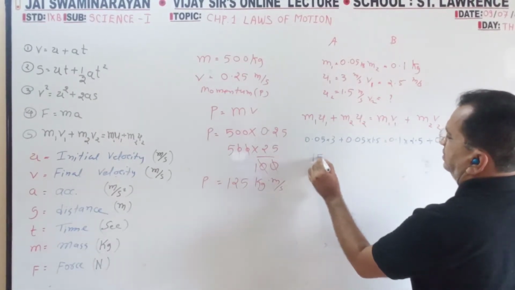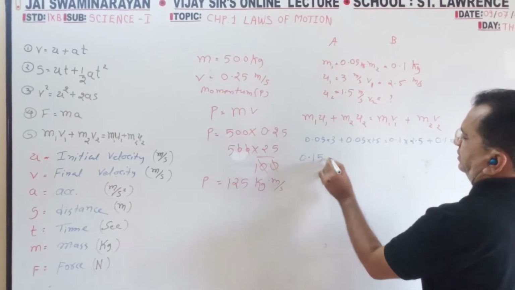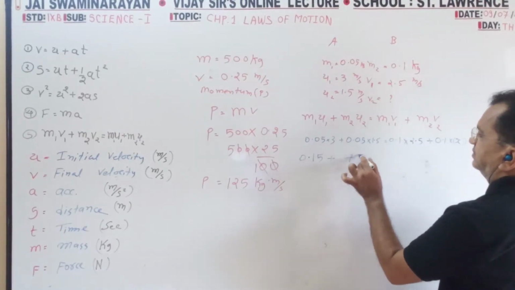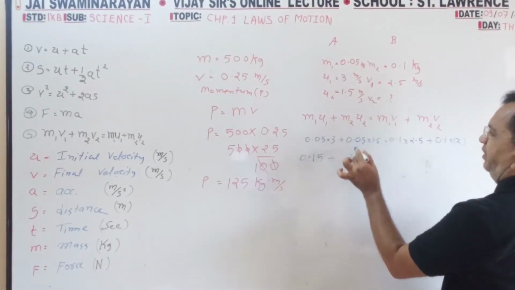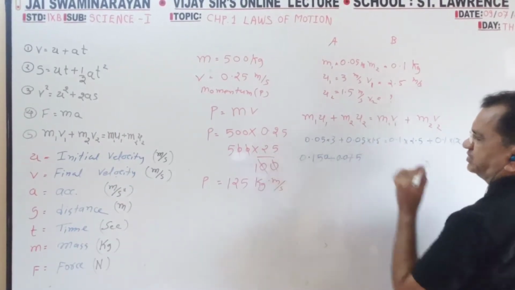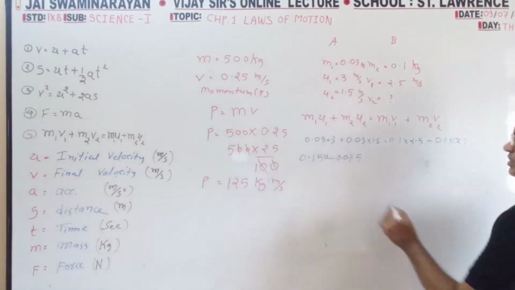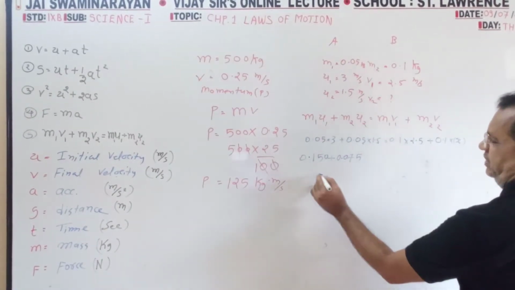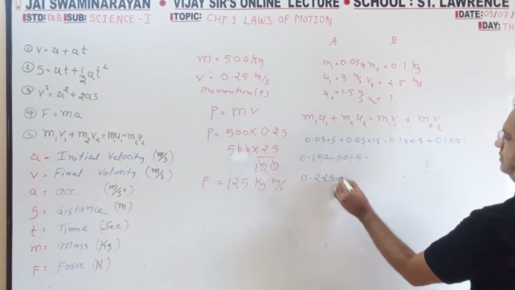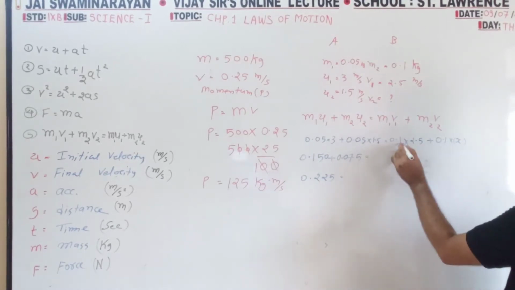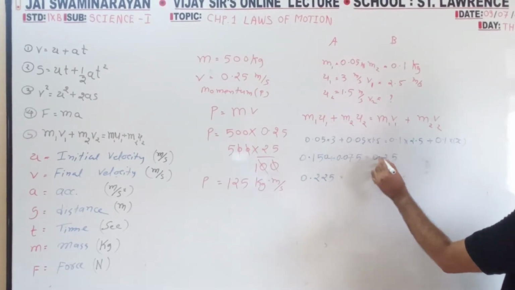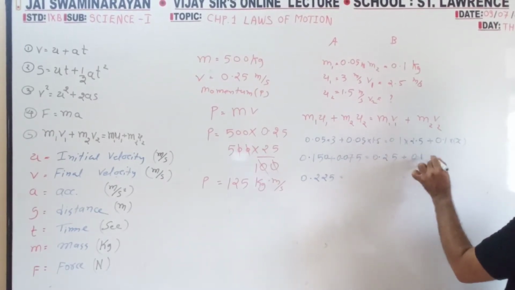5 3s are 15, 5 5 is 75. So 150 plus 75 is 225. 1 into 25 is 25, plus 0.1 x.